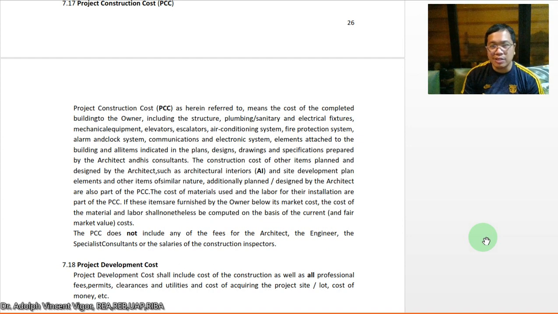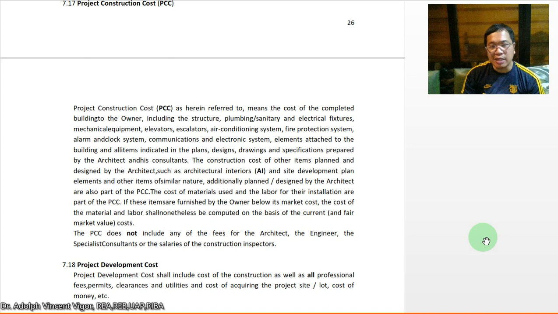So the construction cost of other items planned and designed by the architect, such as architectural interiors, site development plan elements, and other items of similar nature, are also part of the project construction cost. The costs of materials used and the labor and their installation are part of the PCC.